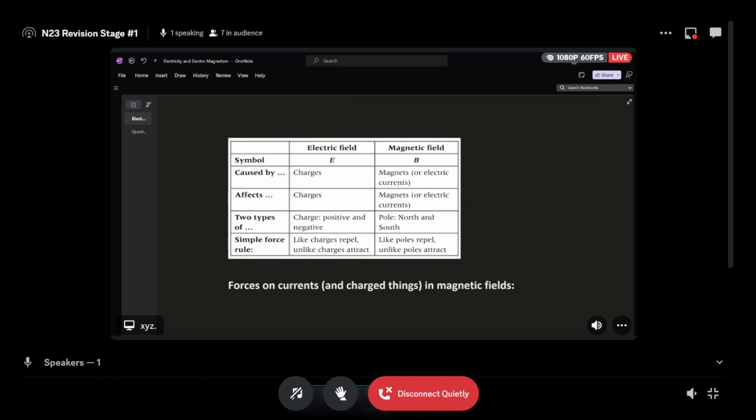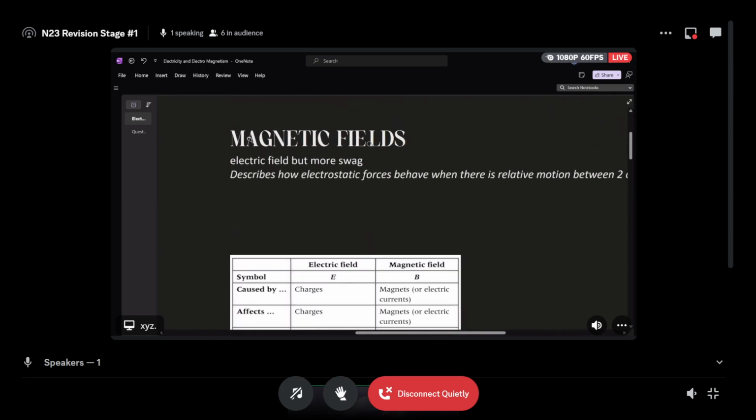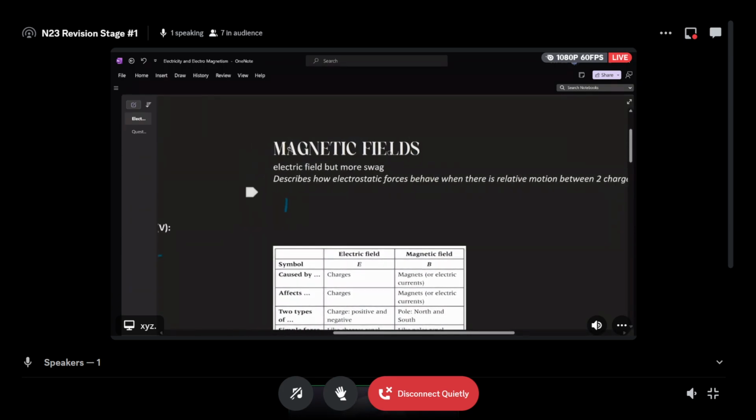We'll see here that magnetic fields always act on electric currents, because electric currents are essentially charges that are moving. And what we deal with a lot in electromagnetism is this thing called the Lorentz force.